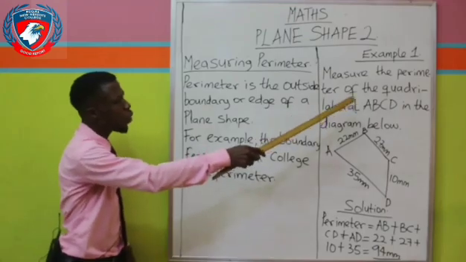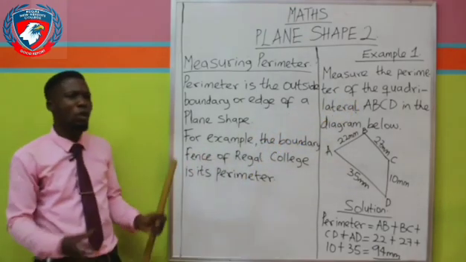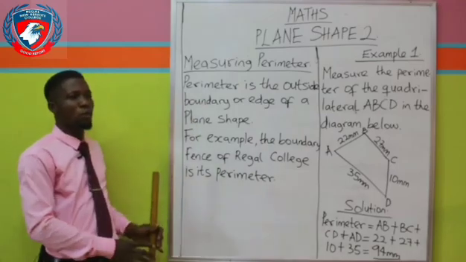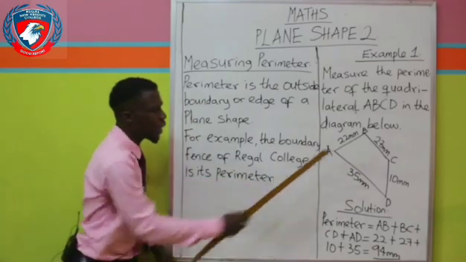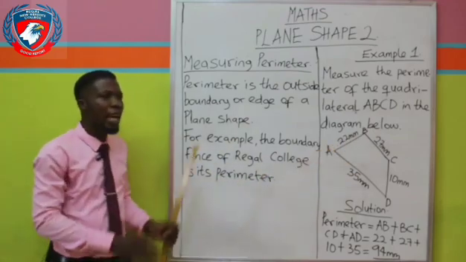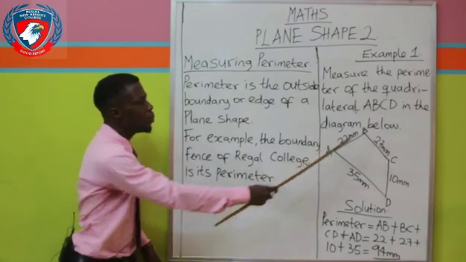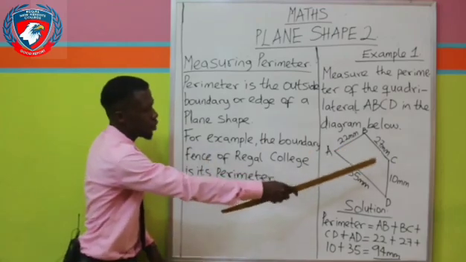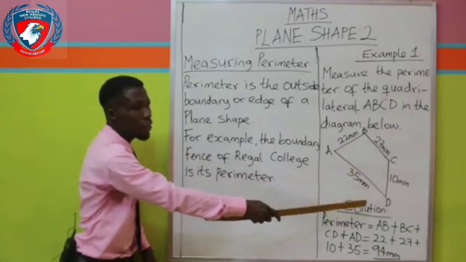Measure the perimeter of a quadrilateral. What do I mean by quadrilateral? Quadrilateral means a shape with 4 sides and 4 angles. Here we have quadrilateral ABCD in the diagram below. It has 4 sides: AB, BC, CD, and AD.